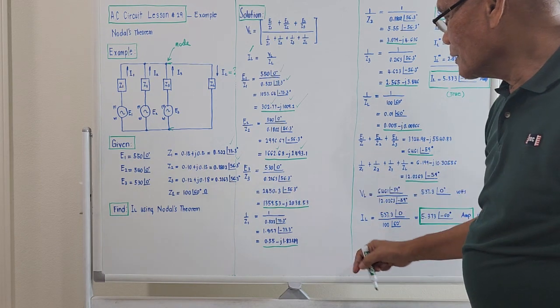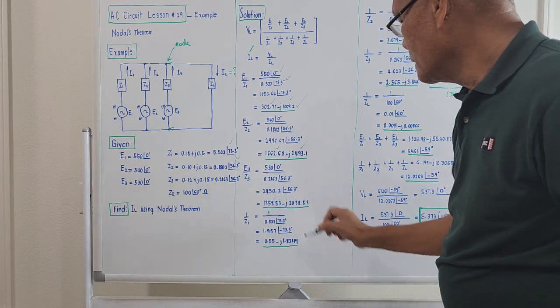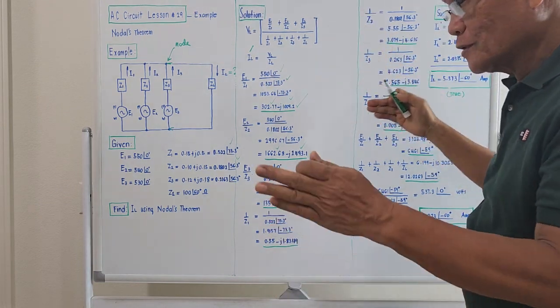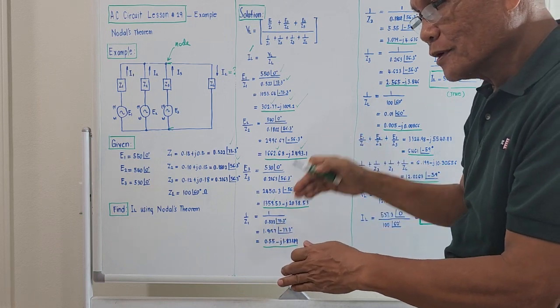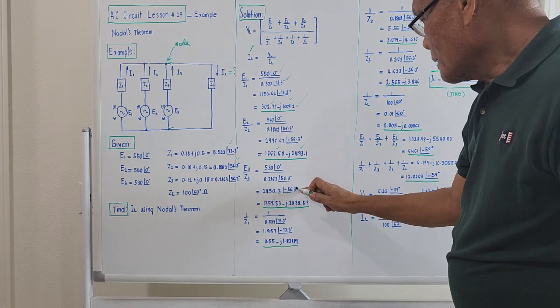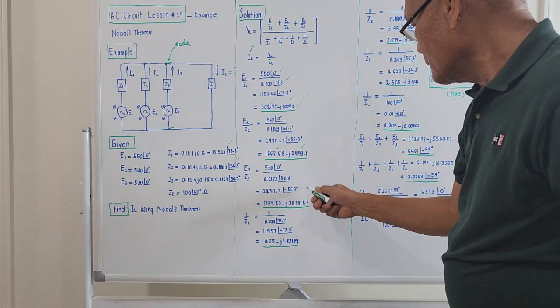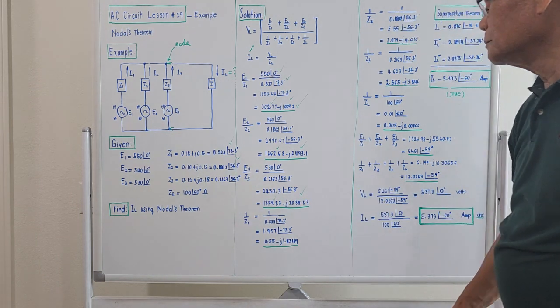Converting to rectangular, take the cosine multiplied by this, it will be the real part. Okay? Because later on, we will be adding this one. That's why after the division, I converted it immediately to rectangular. Okay? Take the sine of this, multiplied by 2450, it will be 2038. But it must be negative.